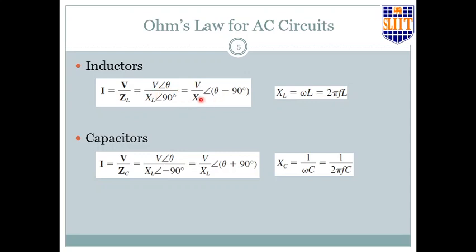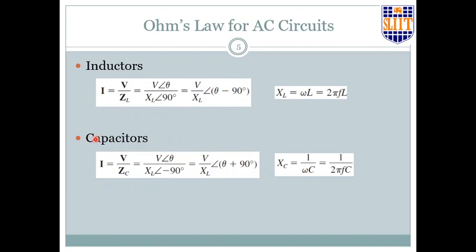So therefore it will add a minus 90 degree phase shift to the whole current. So in the case of inductors, the current is lagging by 90 degrees to the voltage, whatever the voltage is. Last week we looked at that in the phasor diagram, but now it is in the equation.